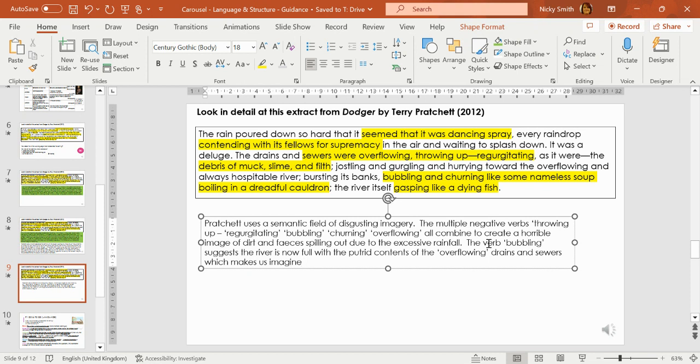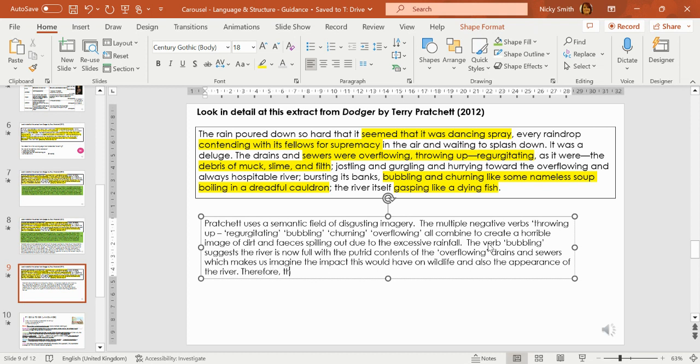Try to avoid I, because then that's less objective. Which makes us imagine the impact this would have on wildlife and also the appearance of the river. Therefore, this effectively creates that word again, visceral, setting.